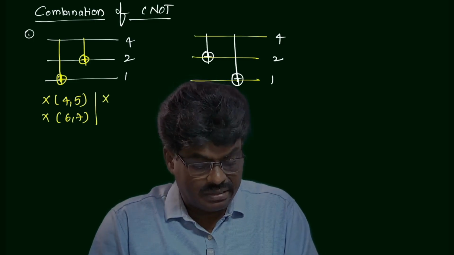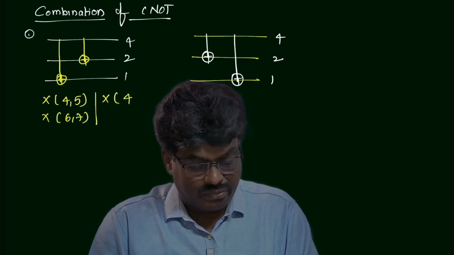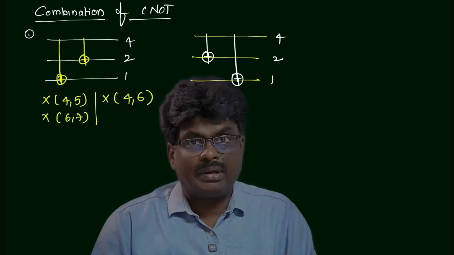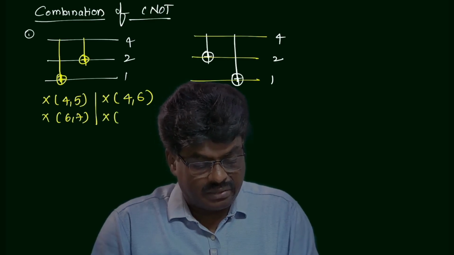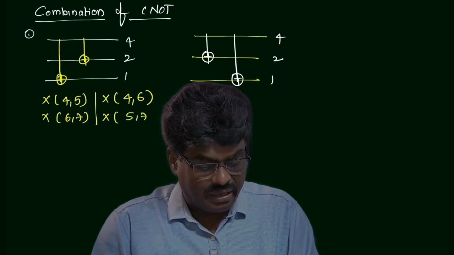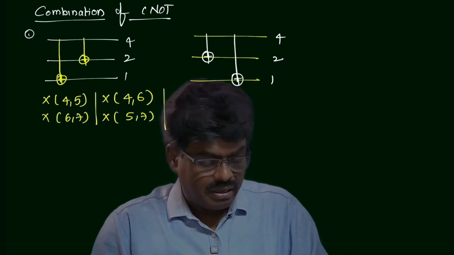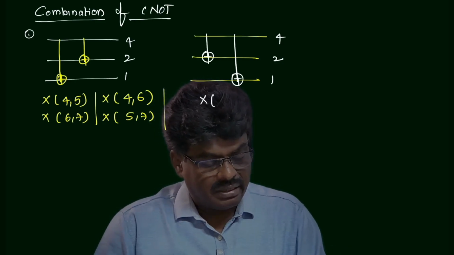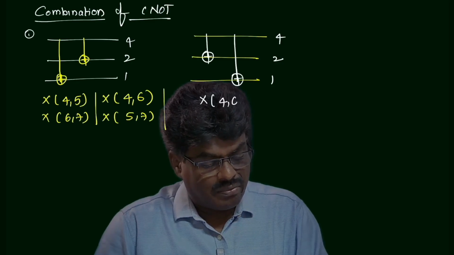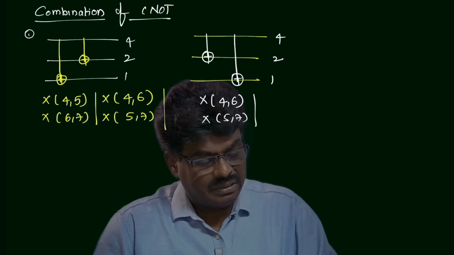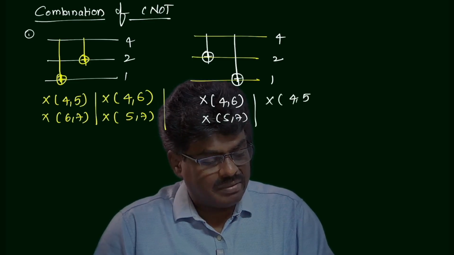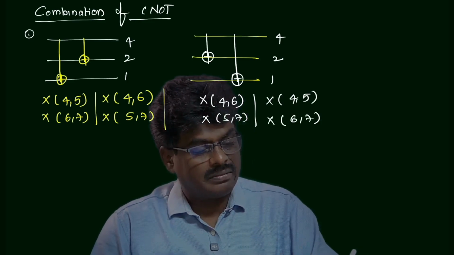Just add, very easy. X of 4 comma 6, because it is coming 4 to 2, and this is x of next remaining is 1, 5 comma 7. And let me write for this also immediately. X of 4 comma 6, add 1, 5 comma 7, x of 4 comma 5, add 2, 6 comma 7.